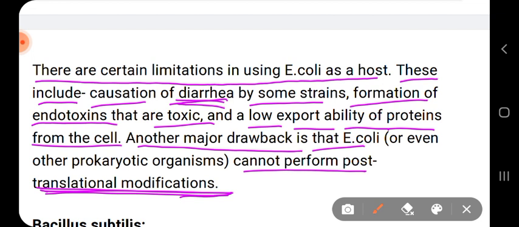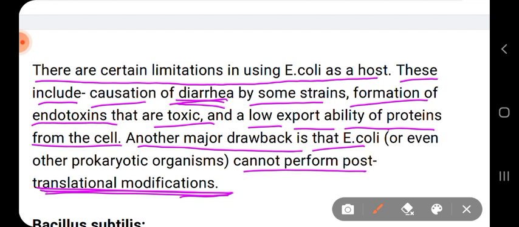You can use bacteria as a host organism, but if your main aim is not cloning of your desirable DNA, if your main aim is expression of your desirable DNA, then it's a bit problematic.